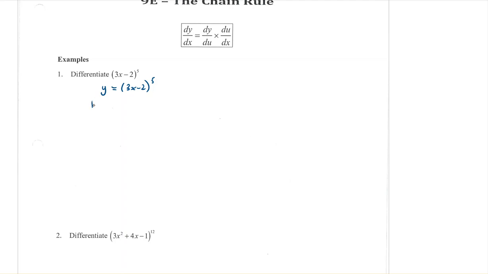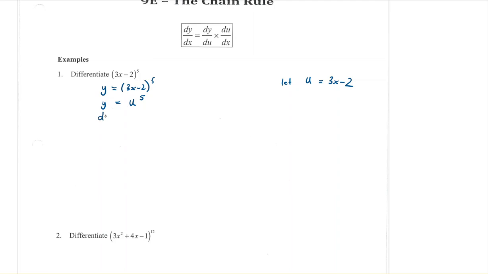I'm going to say let u equal the 3x minus 2. Okay, so that means I'm going to get y equals the 3x minus 2 is going to become u to the power of 5.